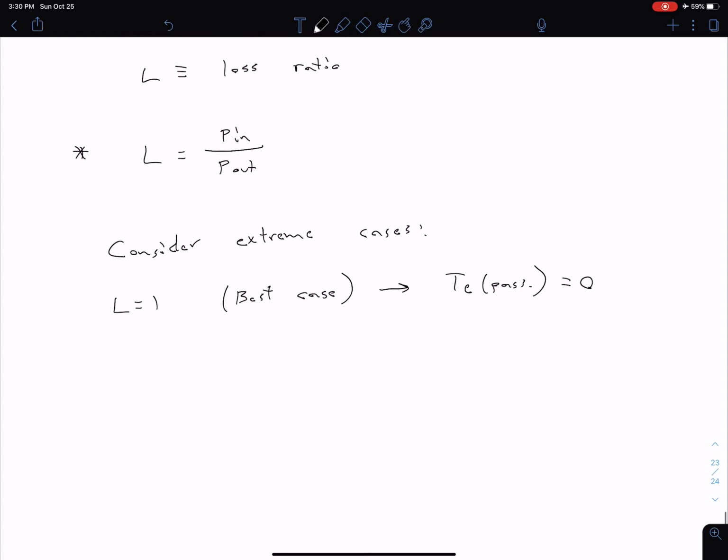So our other extreme case would be as our L gets really large, so as our L goes to infinity. And coming back up to this equation, we can see that would correspond to this P out getting really small. So this is our worst case, as we're losing almost all of that input power and none of it is becoming output power.